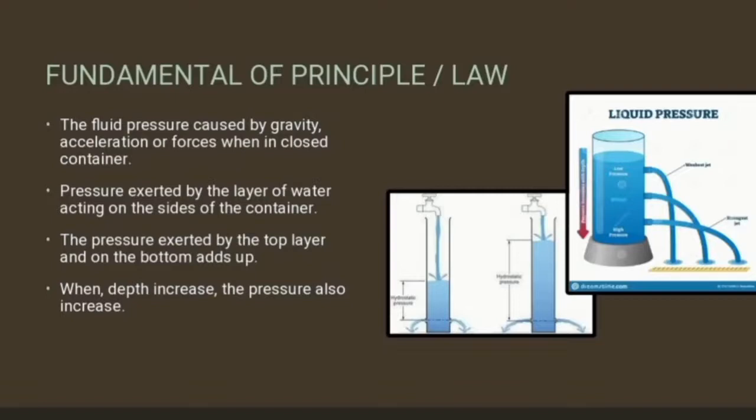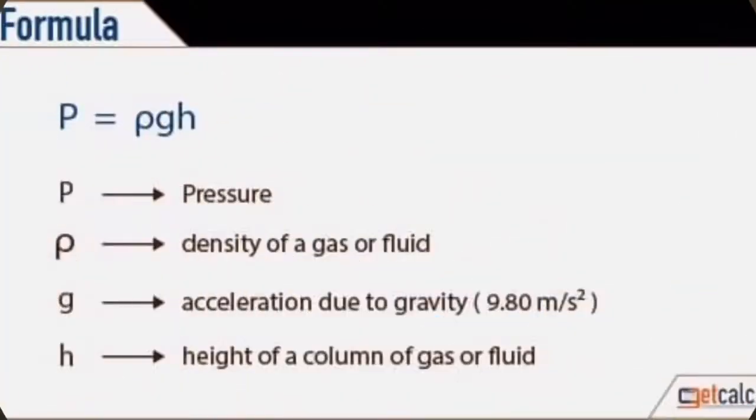As we move down from the top of the container to the bottom, the pressure exerted by the top layer on the bottom adds up. This phenomenon is responsible for more pressure at the bottom of the container. It is because pressure and depth have a directly proportional relationship. When depth increases, the pressure also increases.